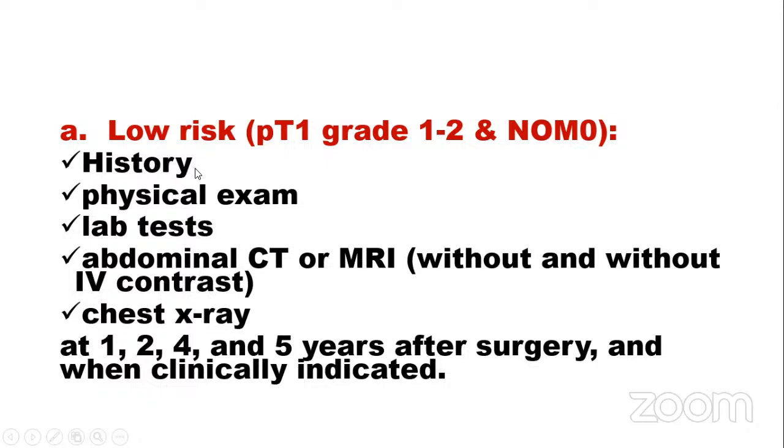And we will do history, examination and lab test, and abdominal CT or MRI with or without IV contrast and chest X-ray as follows: in the first, second, fourth and fifth years after surgery, and when clinically indicated. This must be done in this manner.